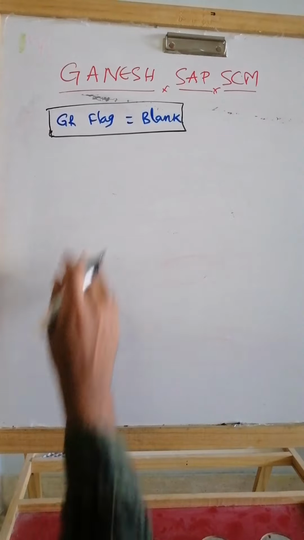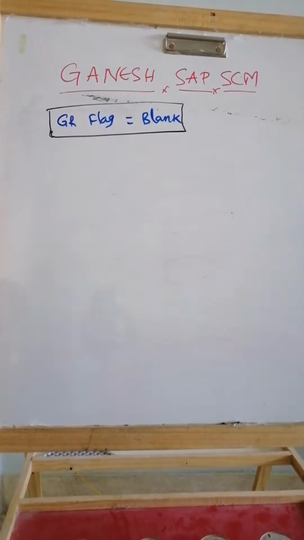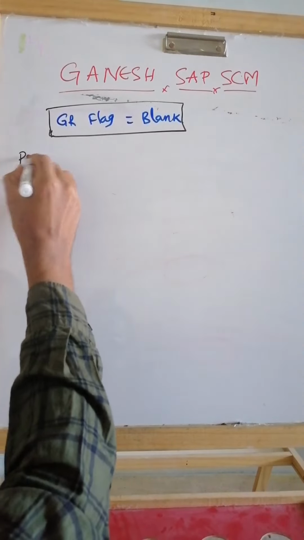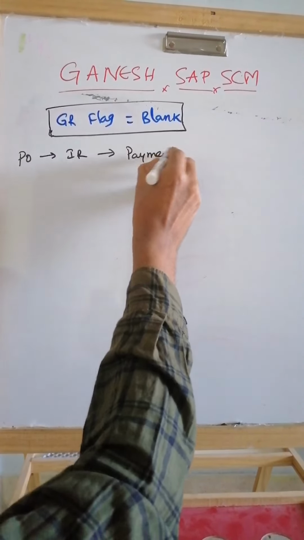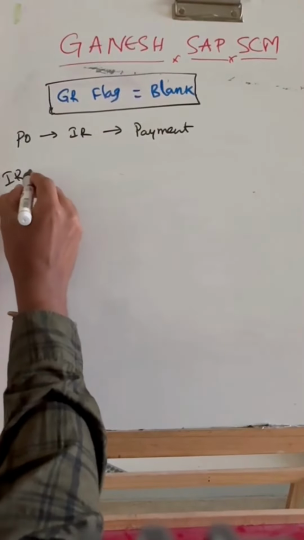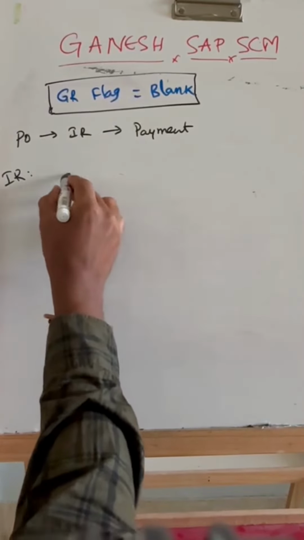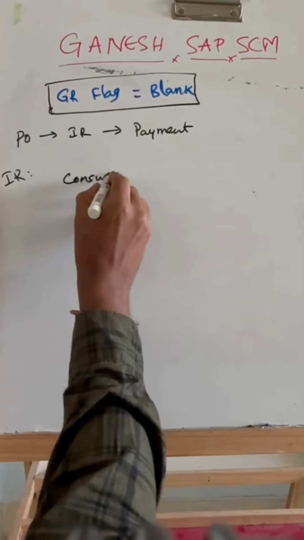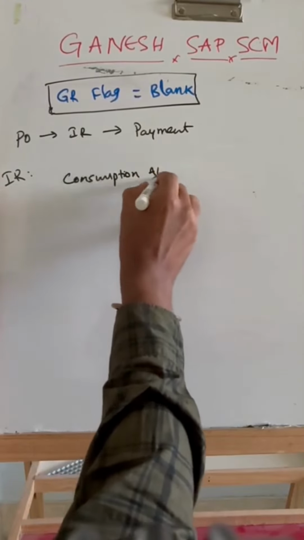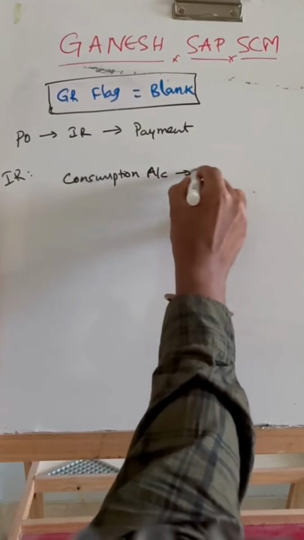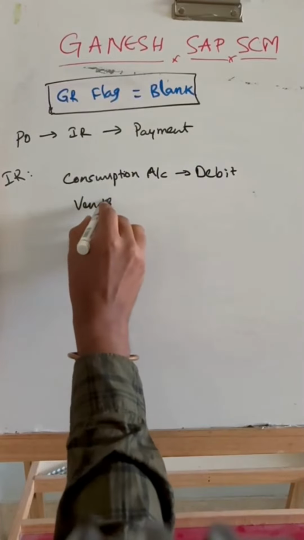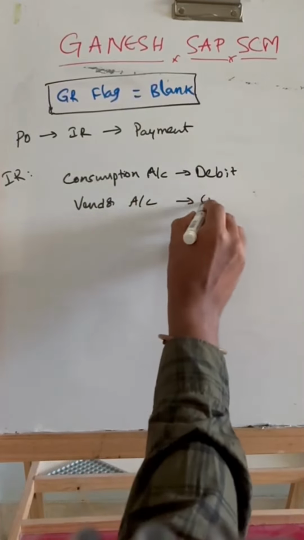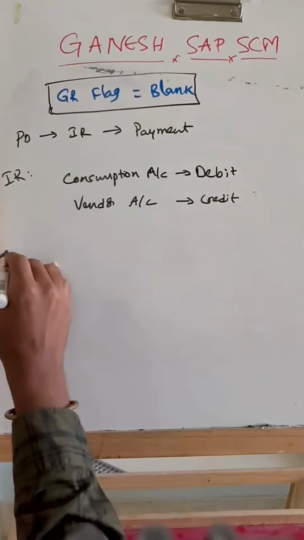Okay, now we are going to see this one. When GR flag is blank, no GR, directly we already explained PO, IR and payment. The accounting entries will be like IR, directly consumption account will be hit, consumption account will be debit, vendor account will be credit.